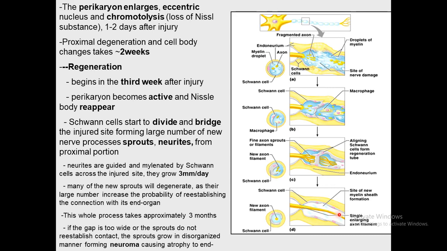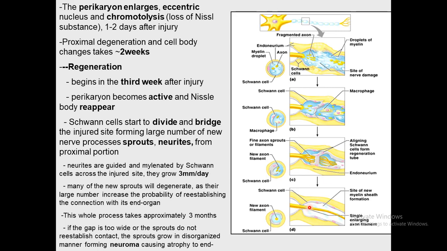Now, as we said, some of those neurites will degenerate. If the injury site is so far, then the healing will be interrupted, and the axon at the end will not reach its target or the targeted tissue.